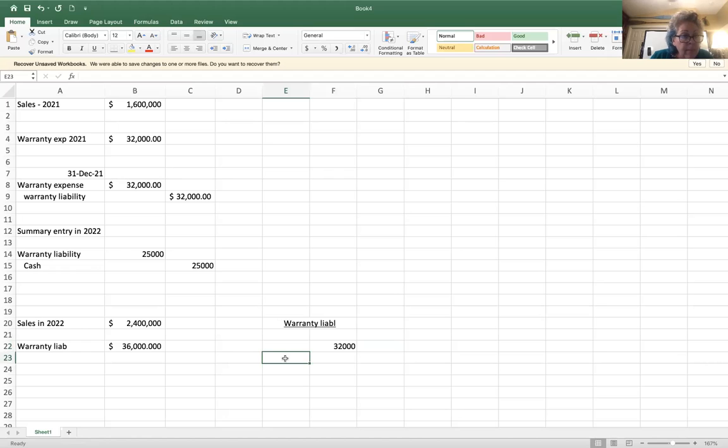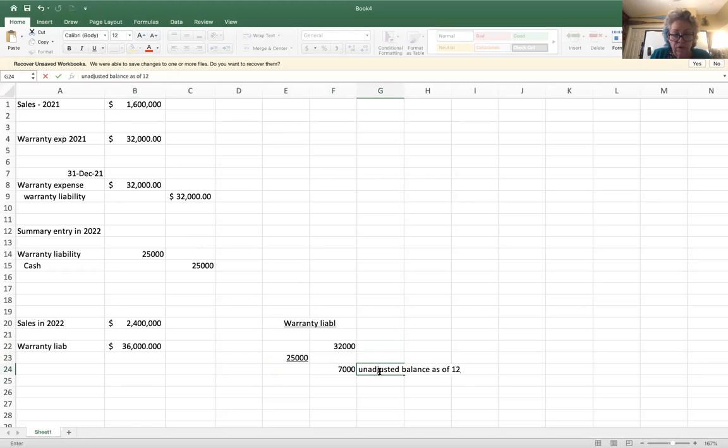We had a debit of 25,000, which is where we got the $7,000. So I'll draw a line under there. But we had a $7,000 balance. So this would be the unadjusted balance as of 12/31/2022.